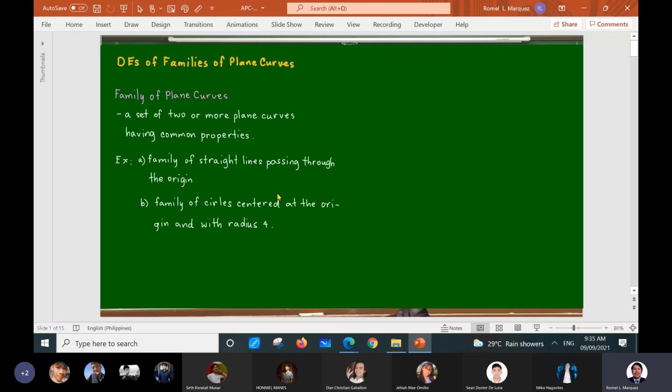So what are those properties common to these members of the family? Family of circles centered at the origin, meaning all the circles are having centers at the origin. Okay, guys? And aside from that, every circle here is of radius what, guys? Radius of 4.